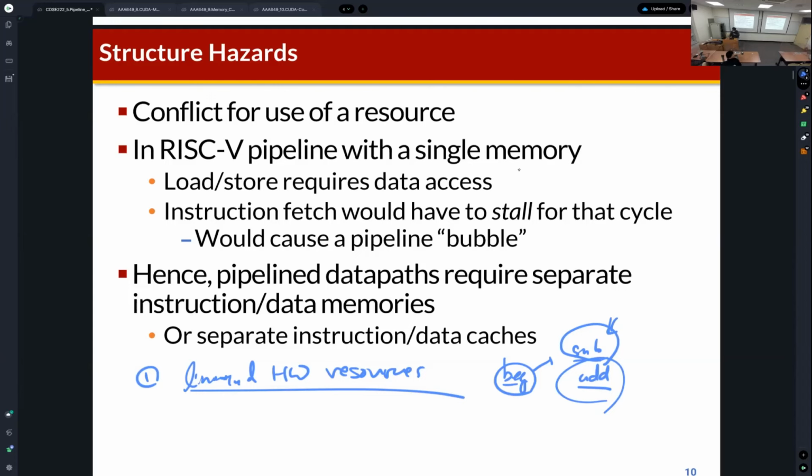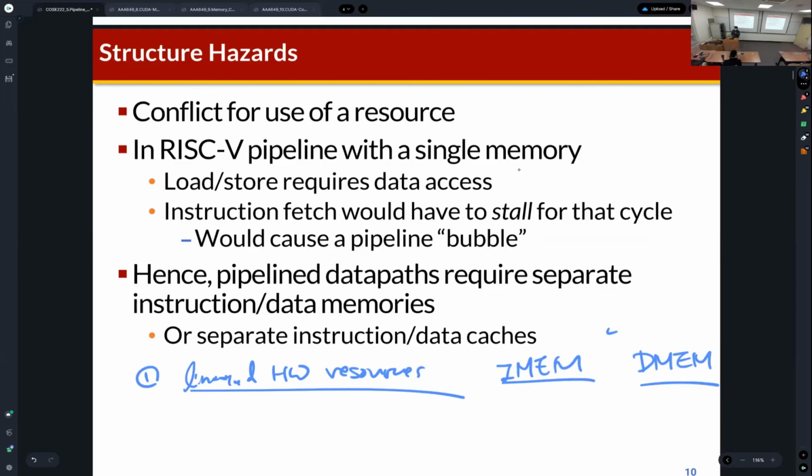So another example is actually instruction memory and data memory. In chapter 2, I explained that instructions are also data, and then we store instructions and all data in the main memory.